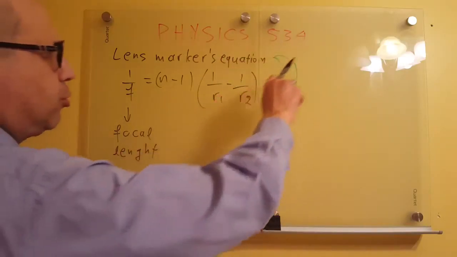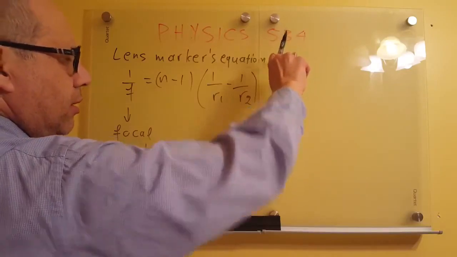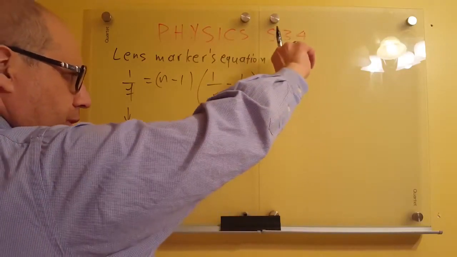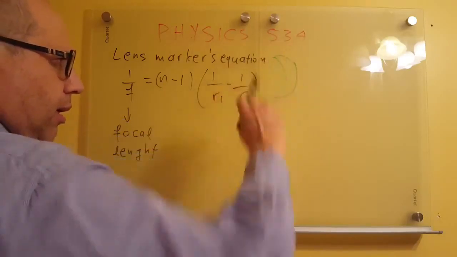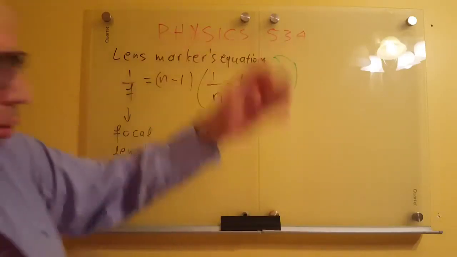And then r2 is the radius of curvature of the second surface that the rays will go through.